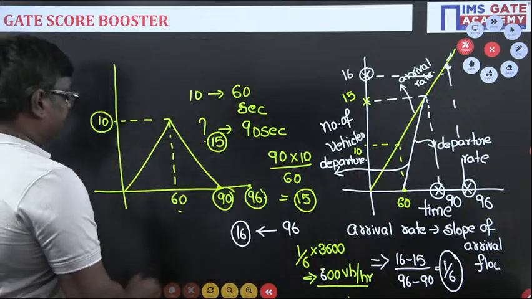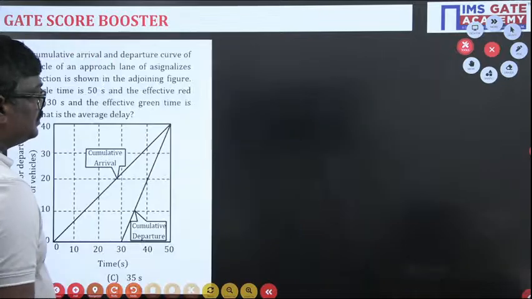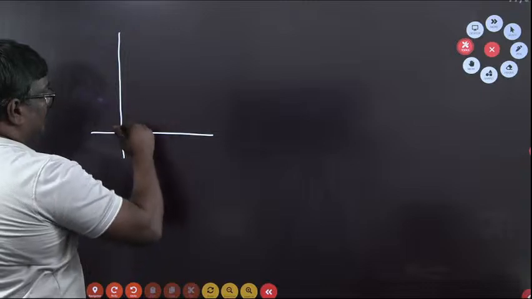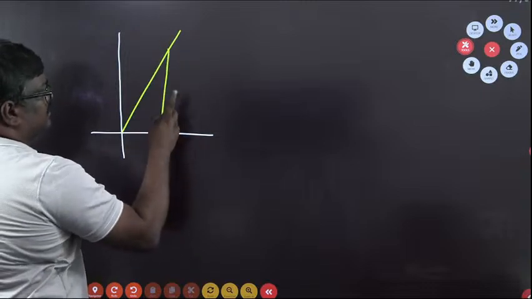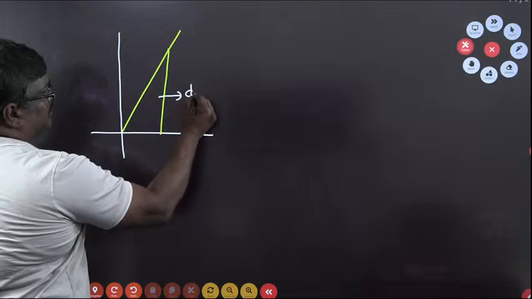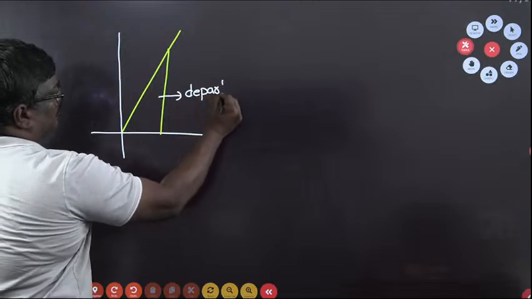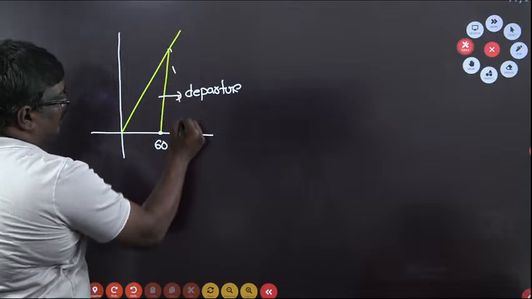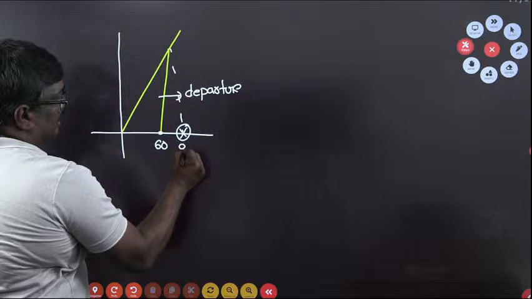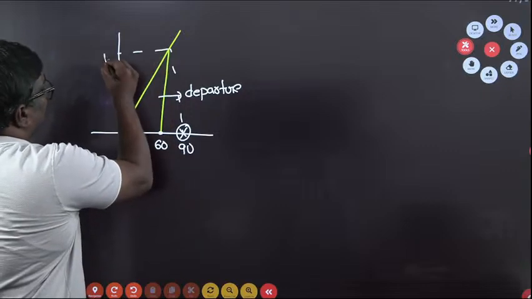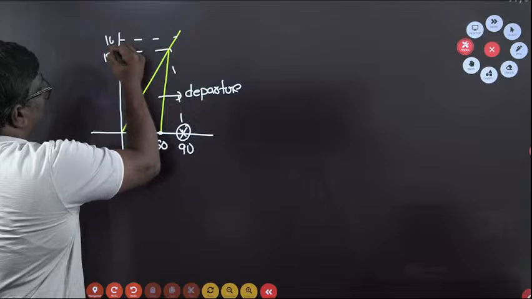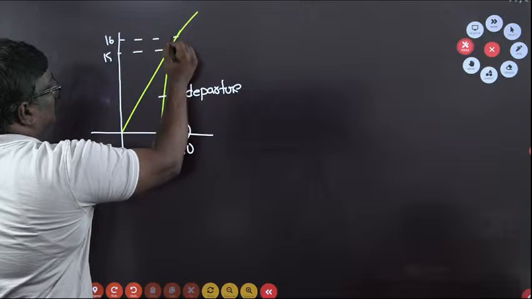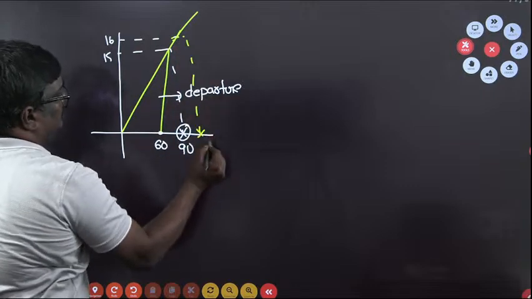Now next page. Now see students, as I am drawing again, here we have the arrival rate and this is the departure rate. This slope will give you the saturation flow. So here we have 60 and here we have 90, sorry. This is 15 and here we have 16, and here is 96.